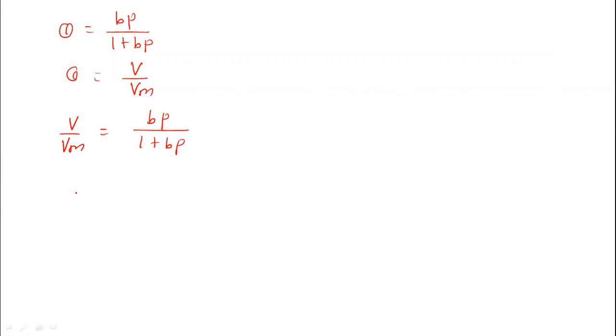We can simplify this equation now. V is equal to Vm into b into p divided by 1 plus b into p. Doing the cross multiplication, V into 1 plus b into p is equal to Vm into b into p, where b is a constant here.